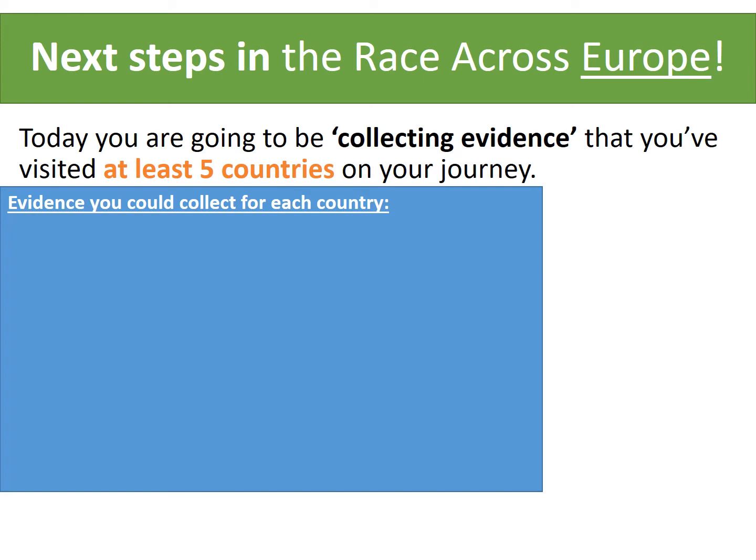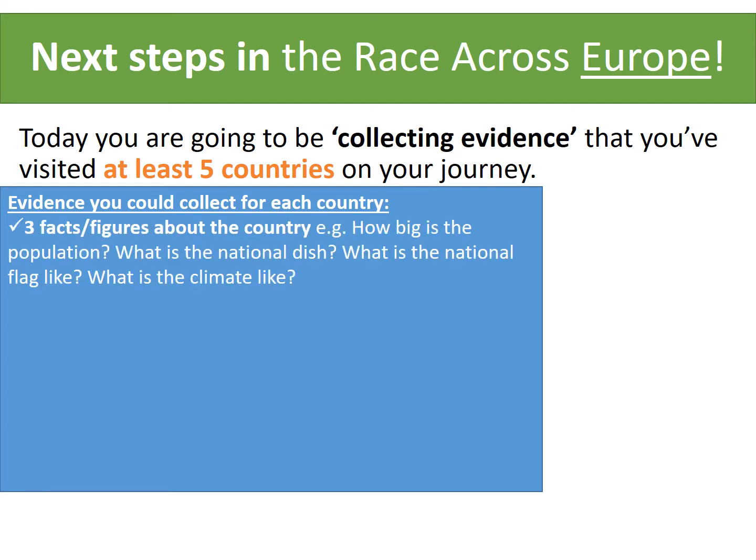However, there are lots and lots of possibilities for what you could do. You could simply research around 3 facts and figures about the country. For example, how big is the population, what's the national dish, what is the national flag like, what's the climate like.